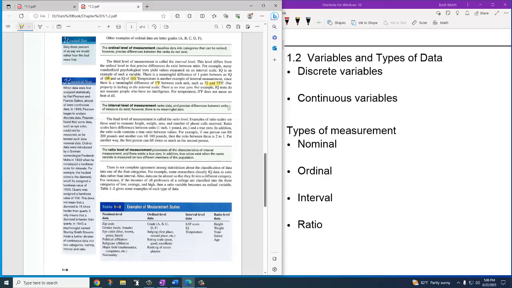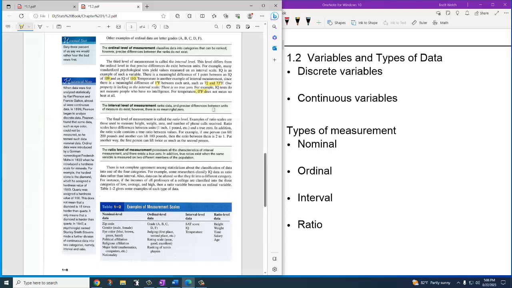These are things that have a very precise measurement system, but this is really important: there is no meaningful zero. For instance, 0 degrees Fahrenheit does not mean no heat. The idea of 0 would have to mean the absence of whatever you're measuring. So there is no such thing as a 0 IQ on an IQ test.